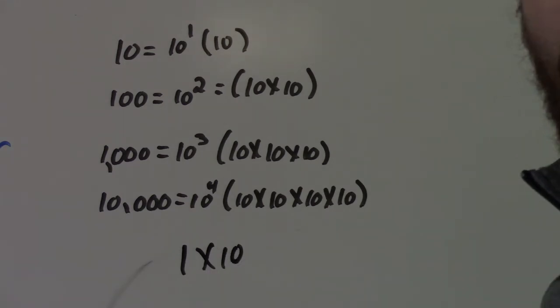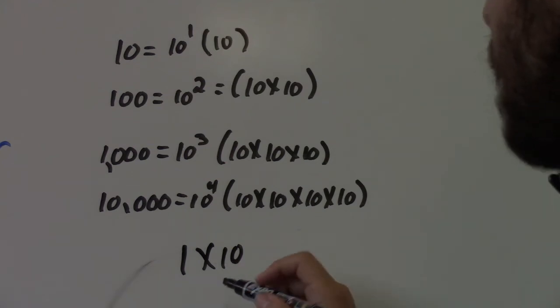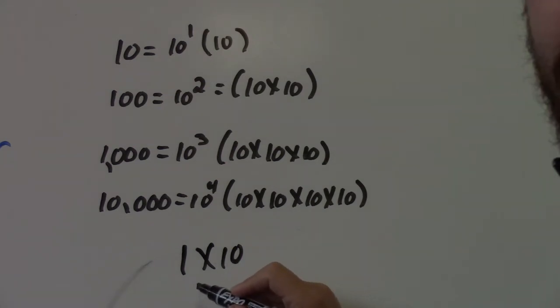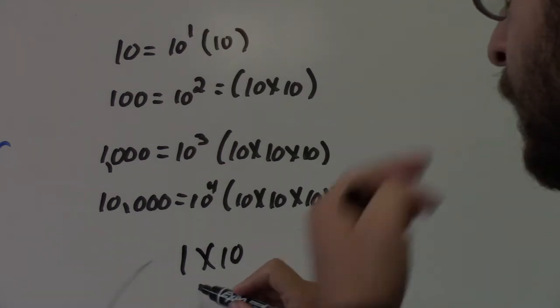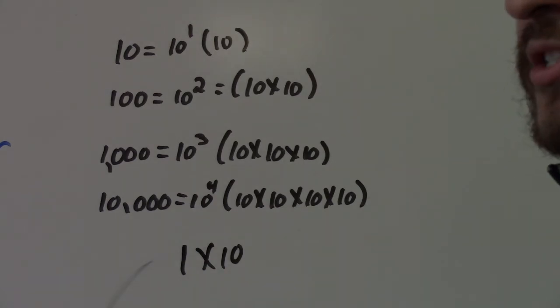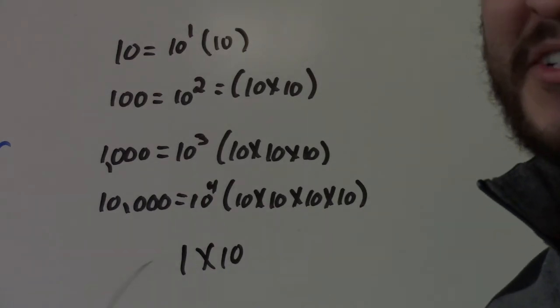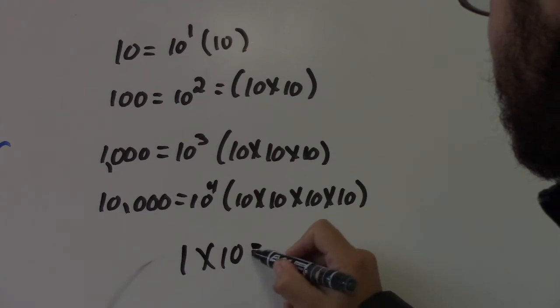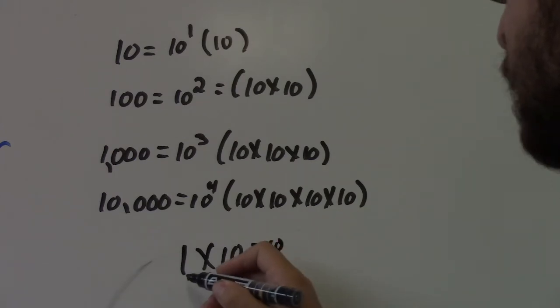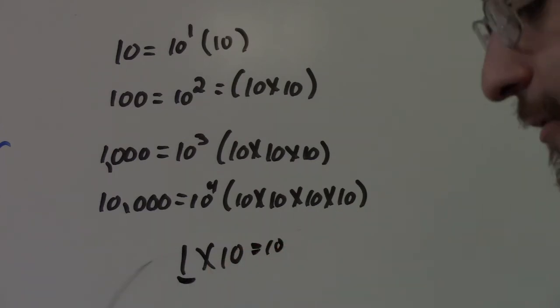Whenever you multiply a number by 1, it's just that number, because 1 is just 1. Mathematically, this is going to equal 10. So whatever is multiplied by 1 is always going to be itself.